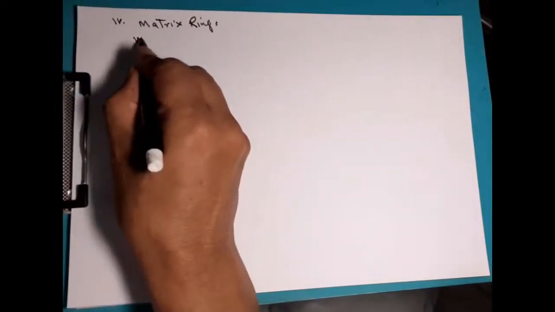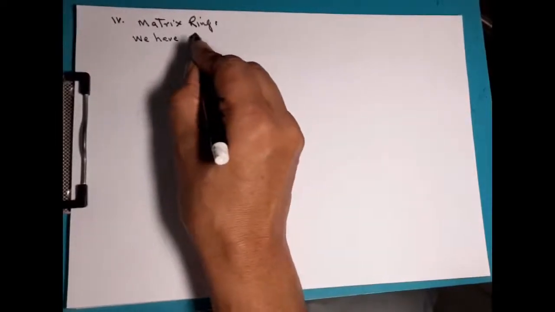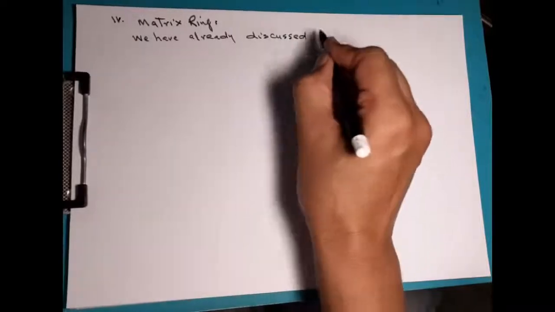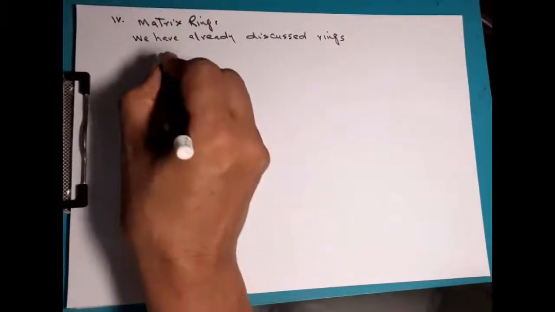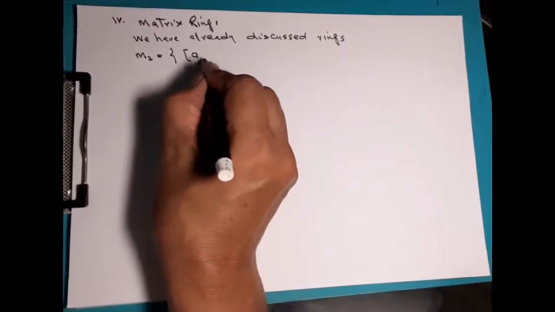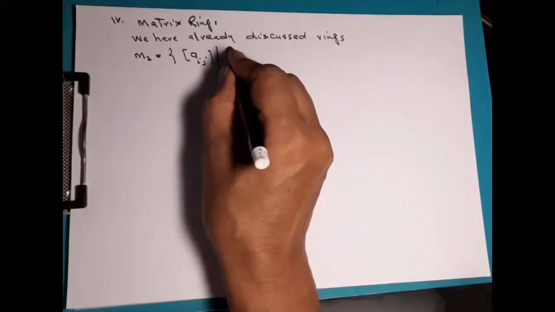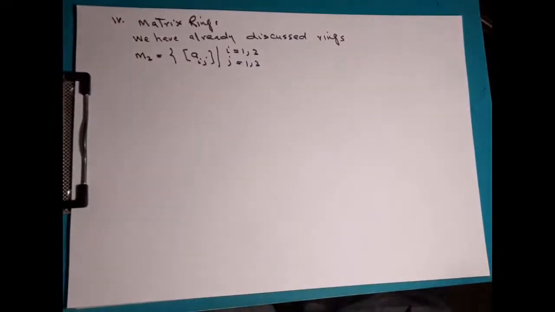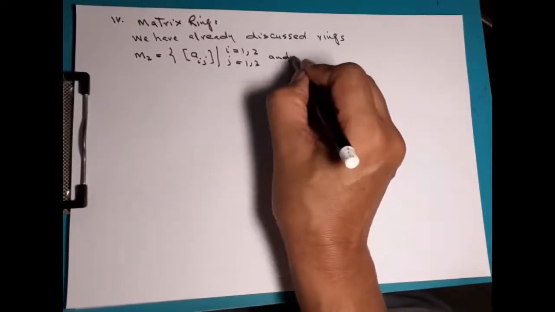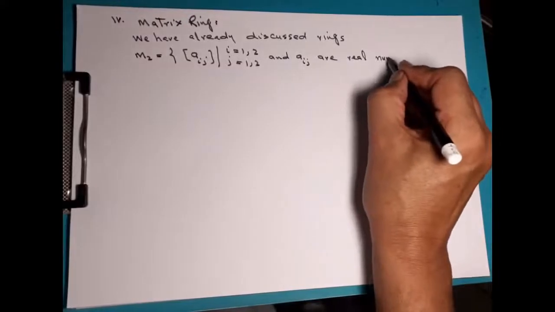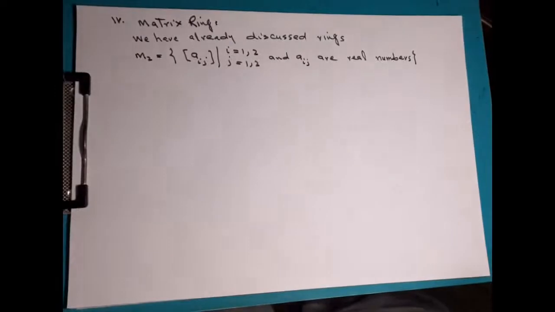We have already discussed M2, the ring of square matrices: aij, such that i is equal to 1, 2 and j is equal to 1, 2, and aij are real numbers. So this is one ring we have already discussed.